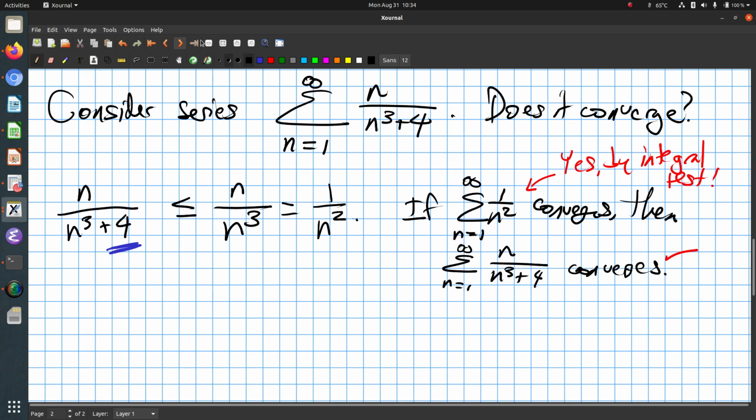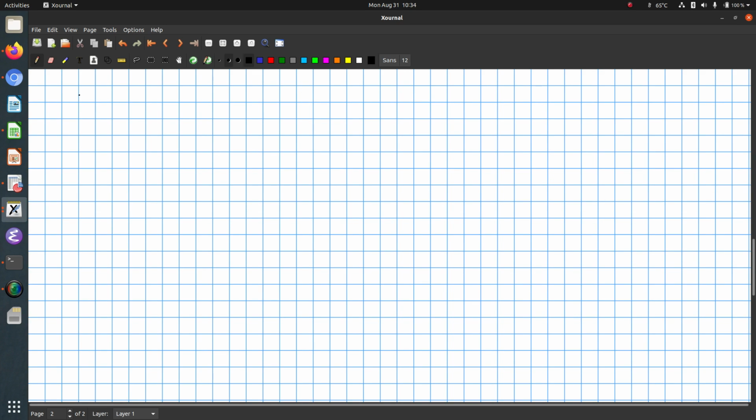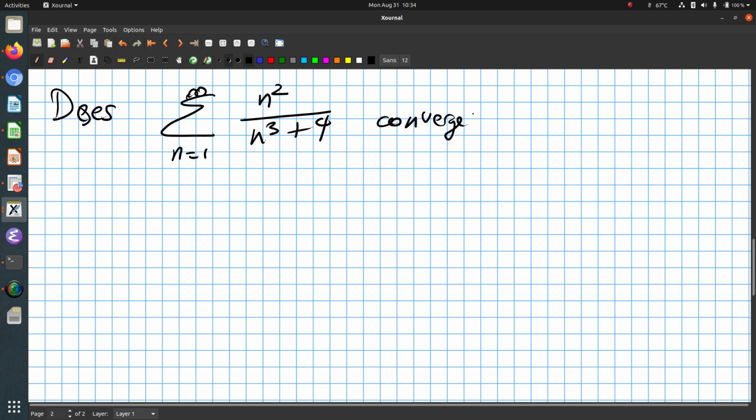Now let's take a similar looking series and ask, does this series converge? The only difference between this series and the one we just looked at is the 2 in the exponent in the numerator.